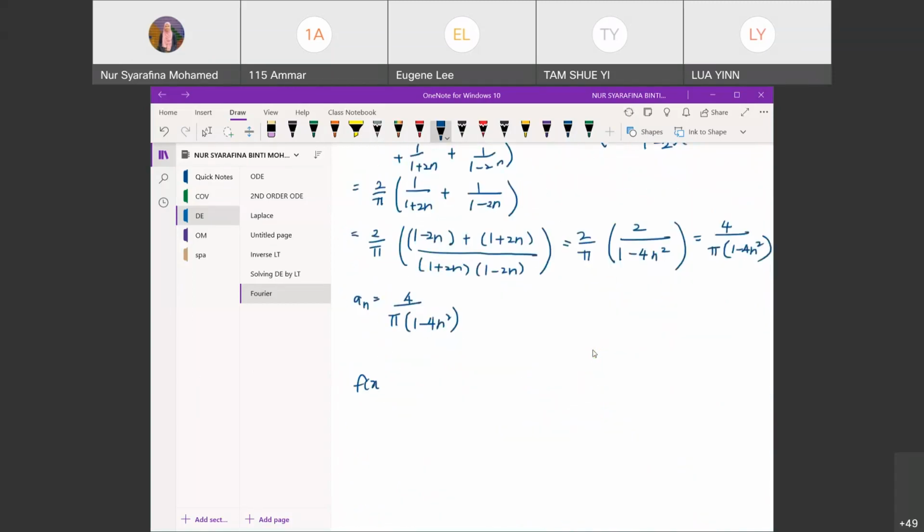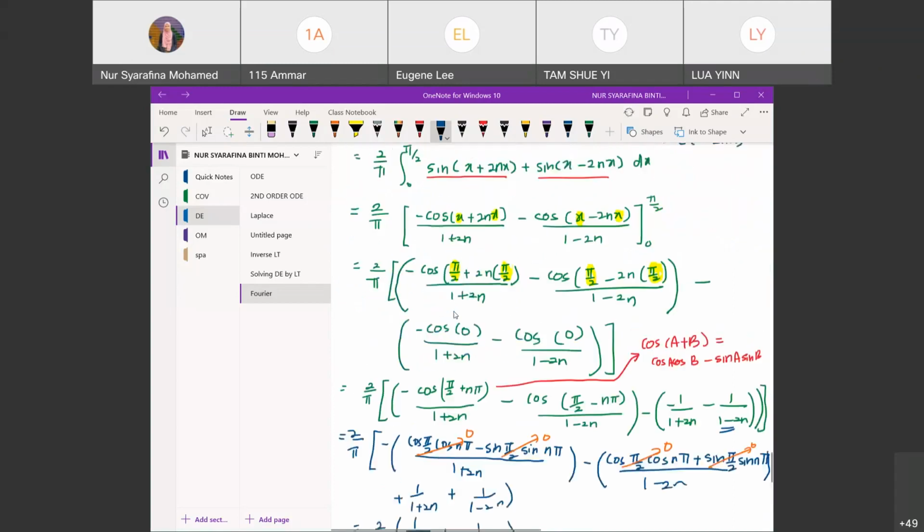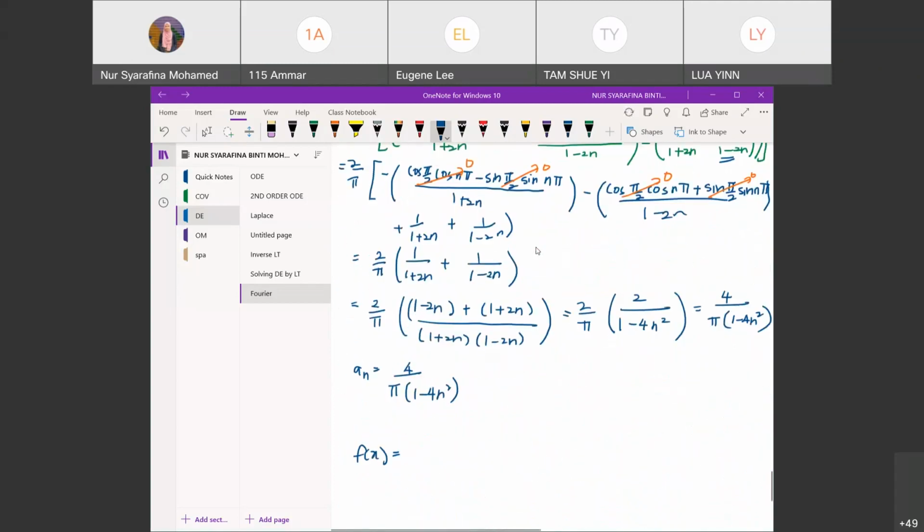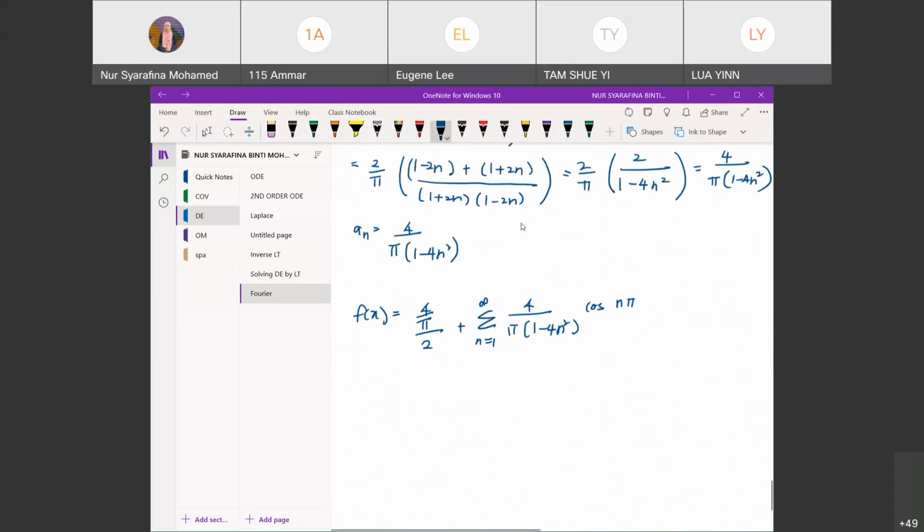So f(x) is a naught over 2, which is 2 over pi, this one is constant, just put outside, plus summation of n equals 1 to infinity of 4 over pi (1 minus 4n squared) cos (n pi over l) x, n pi over 2 x, so cos 2nx.